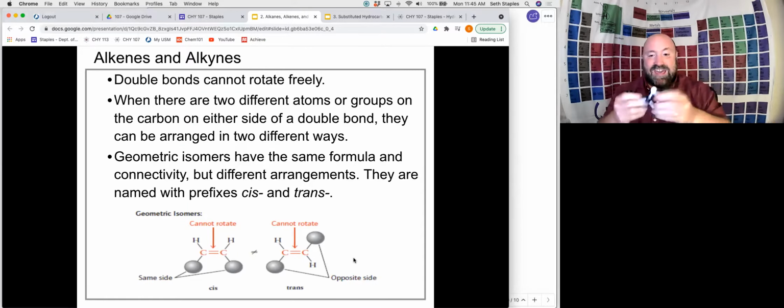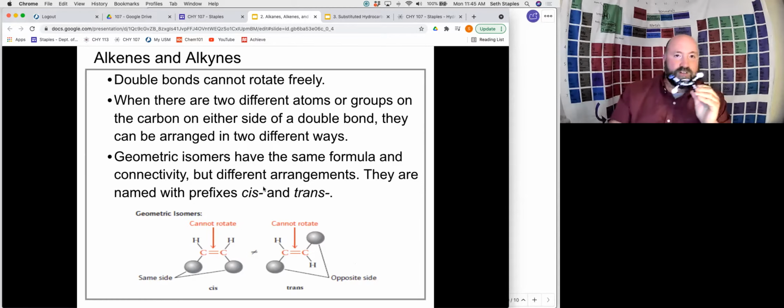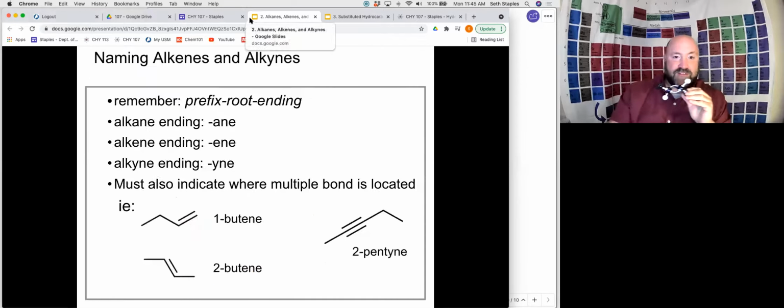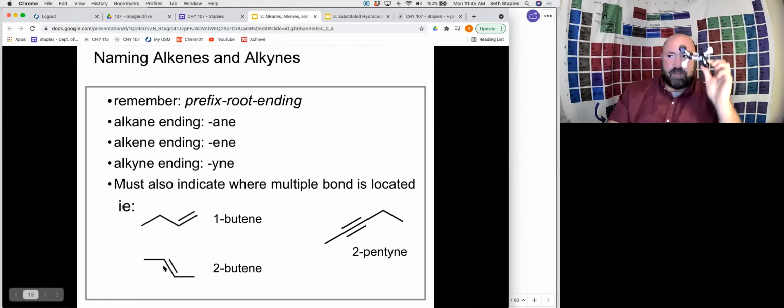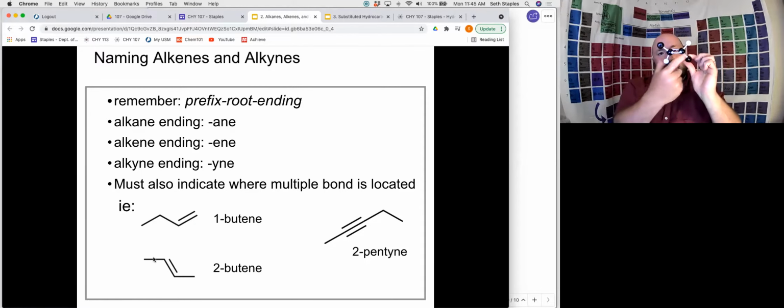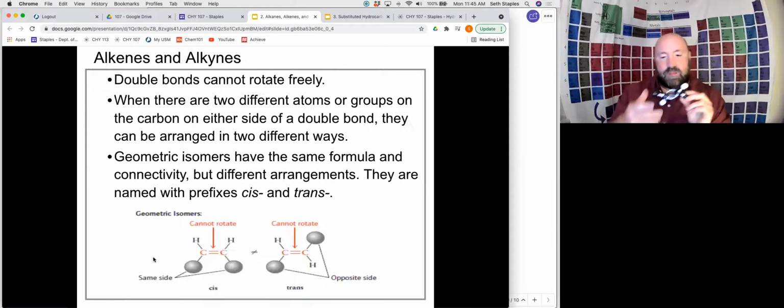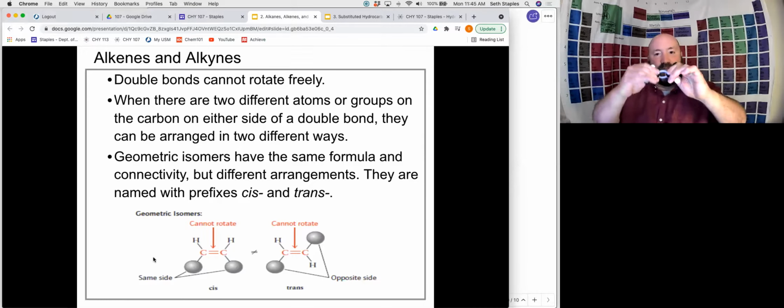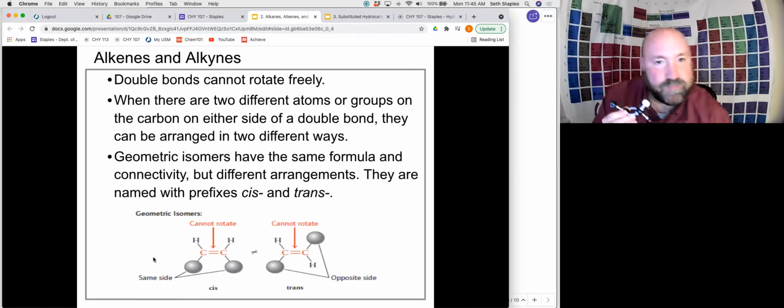Double bonds can't do that. So here's 1, 2, 3, 4. Here is our 2-butene from the last. This is just a representation of this molecule right here, our 2-butene: 1, 2, 3, 4 carbons, double bond between the second and third. So that's 2-butene. This can't rotate in that same way. This compound is stuck in this conformation.